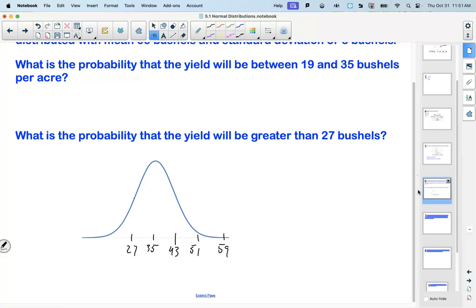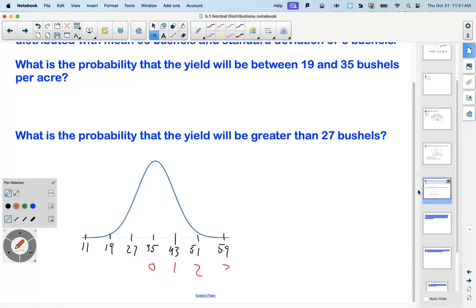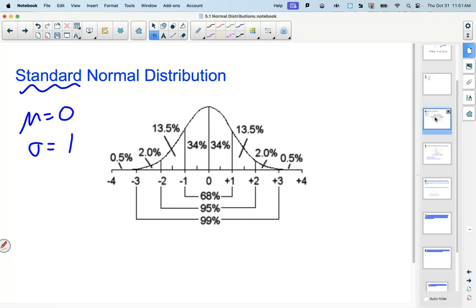Then I'm going to subtract another 8, and one last standard deviation. That's how I map it out. If I were to convert this into the standard normal curve, this is 0, 1, 2, 3, -1, -2, -3. And we can use that to match this graph.